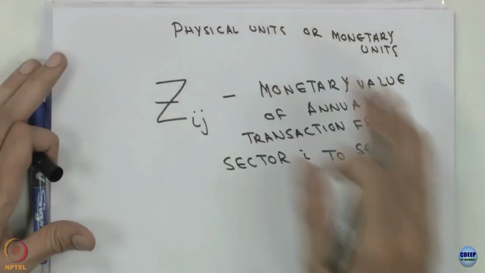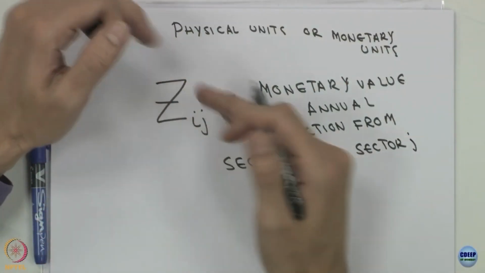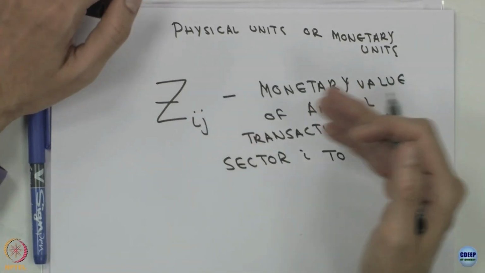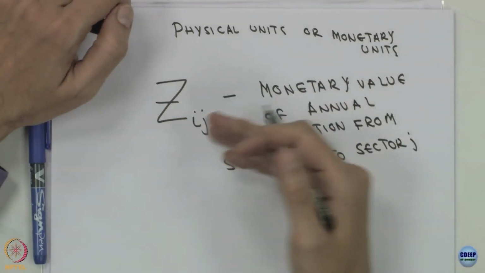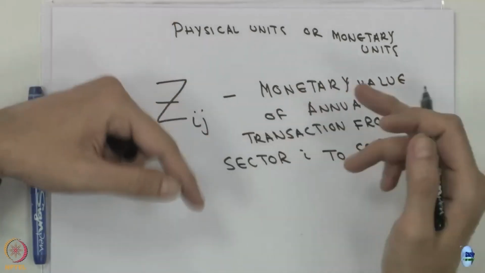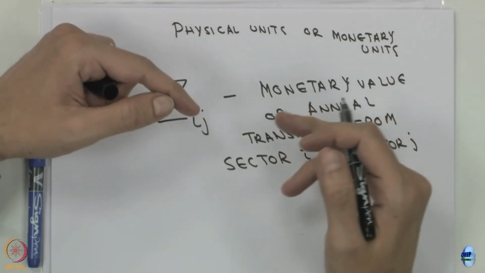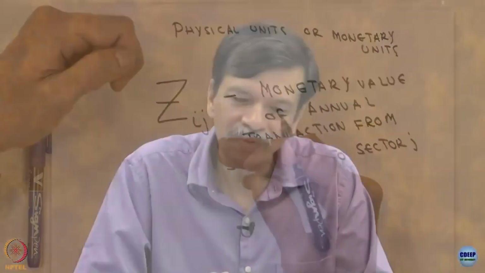If you look at one sector, steel for example, steel is being used for the power sector, and steel is being used for the cement sector. So there are inter-industry flows: internally, the output of one sector is being used in the other sectors.